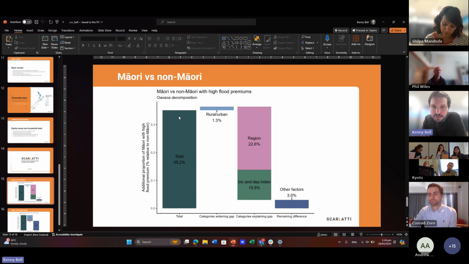The thing to highlight from this graph is that the reason Māori are overrepresented in these high flood risk, high flood premium places is because Māori tend to be in regions that are more exposed. That's Northland, Te Tairāwhiti, and it's also related to income in the statistical decomposition. So I'll stop there and get questions.